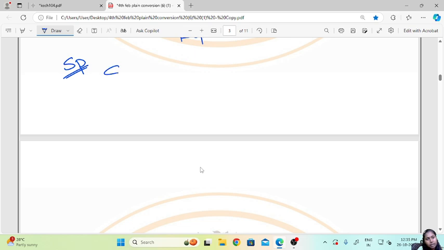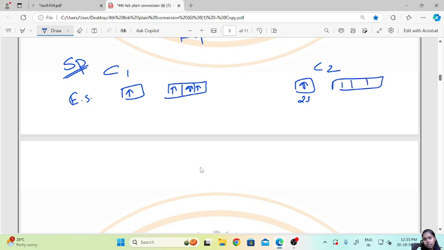Here what will happen, carbon 1, carbon 2. I'll straight away show you the excited state. Okay, so in excited state, we will have one electron in 2s orbital, 3 electrons in 2p orbital. Now here only two of these orbitals will be involved in the hybridization.